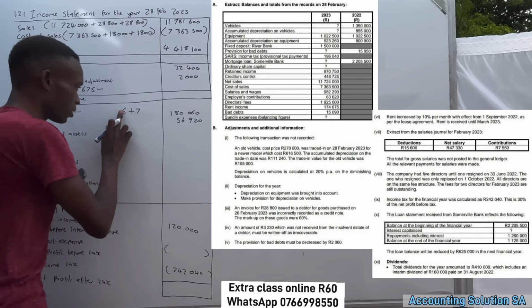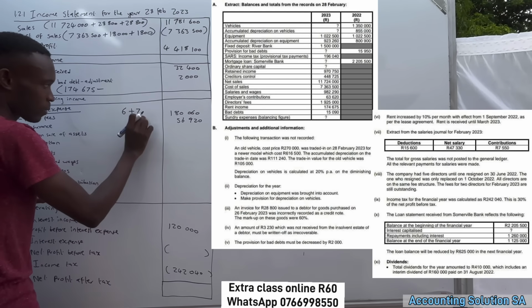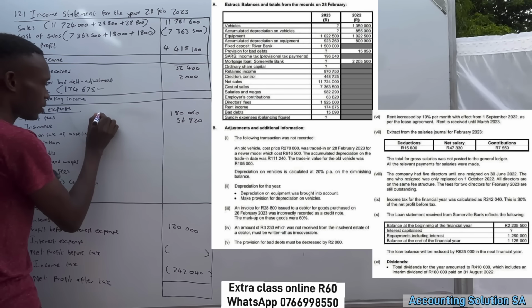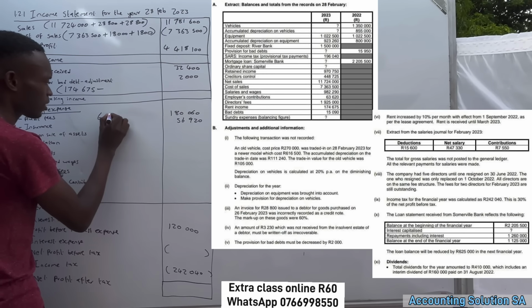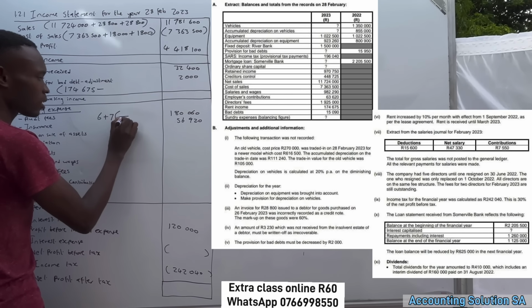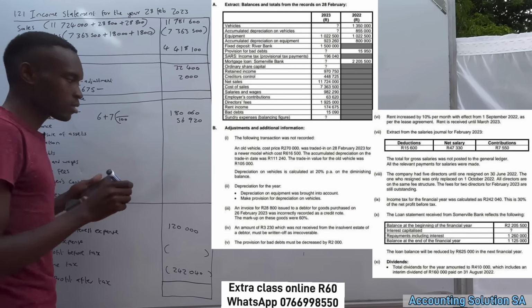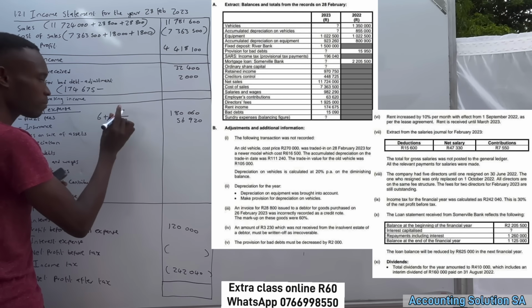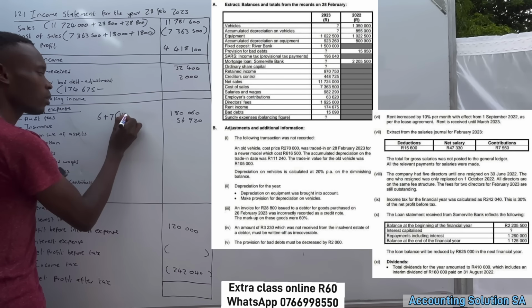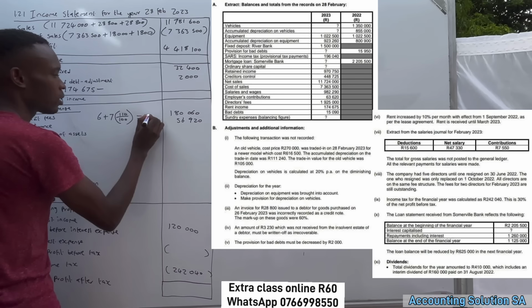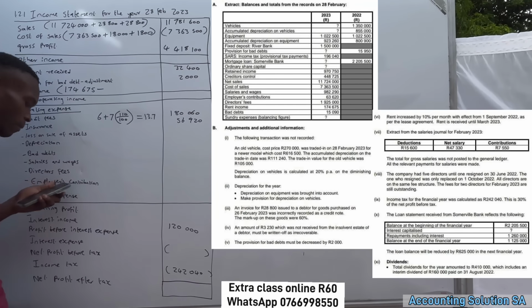So it's going to be 6 plus 7. Guys, you have to write it as it is on your calculator: 6 plus 7, and you open a bracket. It's always 100 here. If it decreases, you were supposed to write 90, but because it has increased by 10%, we write 110. If you do this calculation, you are going to get 13.7.